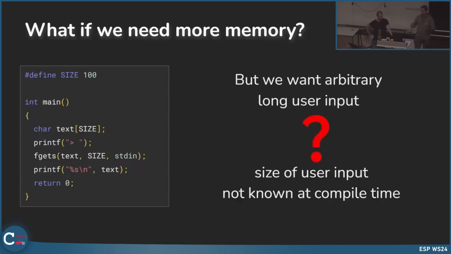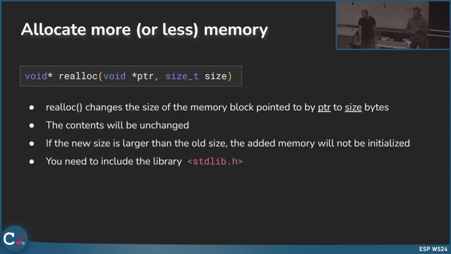But what if the program flow requires even more input? If the user can enter more values multiple times, or an arbitrarily long user input. For this, we can then use realloc. So it's the third important function we learned today.